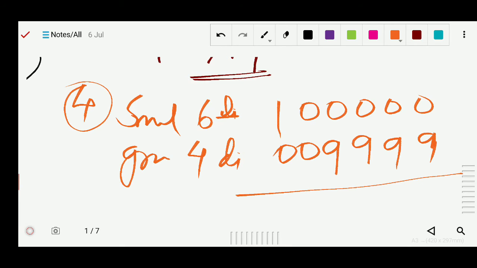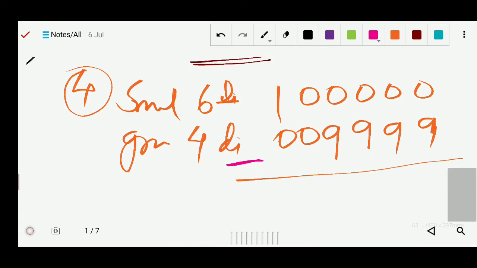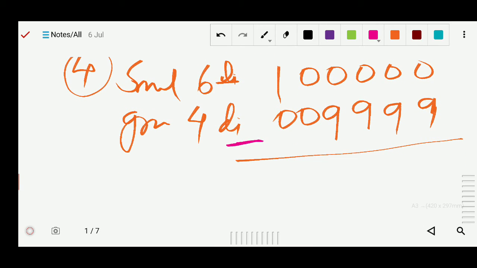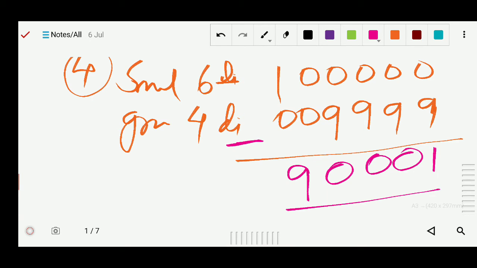Now we have to get the difference, which means we subtract. 0 minus 9, we take the borrow, it will be 1, then 0, 0, 0, and here 9. So the answer is 90001. Option B is correct.